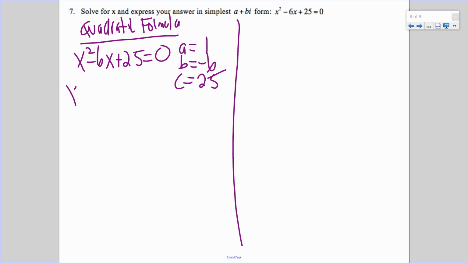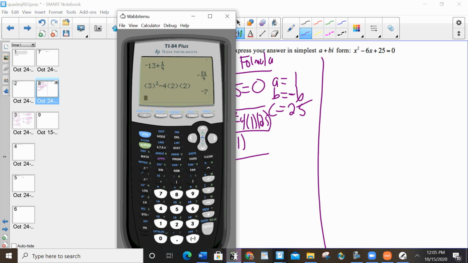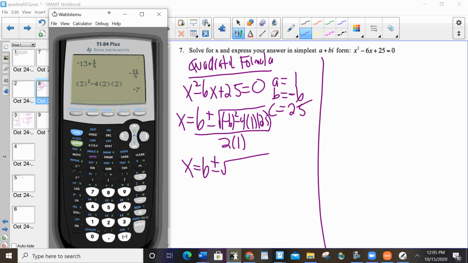And I'm going to substitute into the quadratic formula. 6, again, negative b, if b is negative 6, negative b is positive 6, plus or minus the square root of negative 6 squared minus 4 times 1 times 25, all over 2 times 1. I go to my calculator and I type in what's underneath the radical. Make sure that negative 6 is going in parentheses. If it's not, you're getting it wrong.